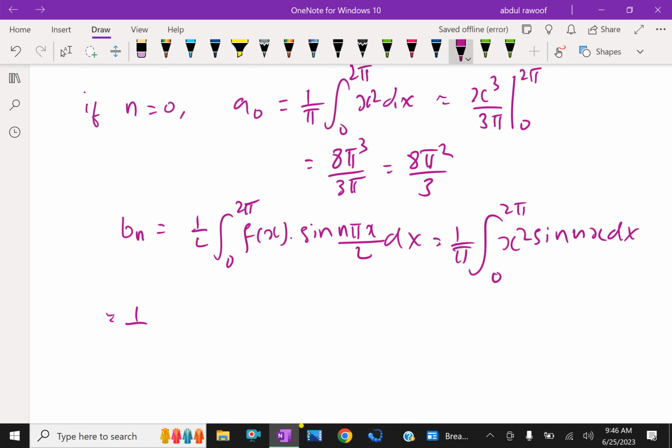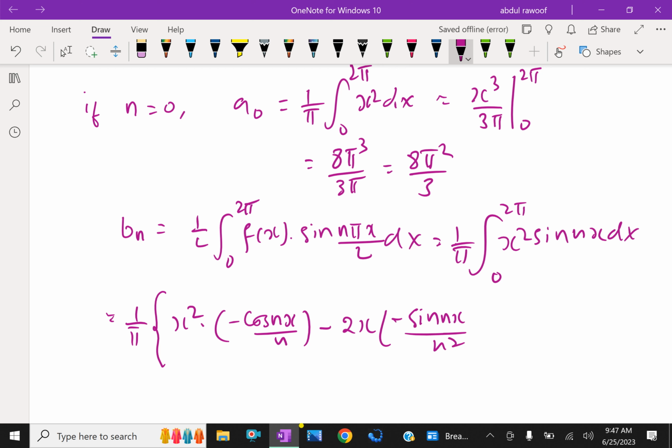1 by pi. Here, first function times integral of second, which is minus cos nx over n, minus integral of differential of first and integral of second, which is minus sine nx over n square, plus 2, one more time integral of 2x sine nx is 2 into cos nx over n cube.